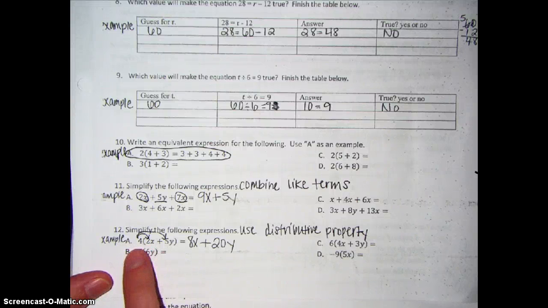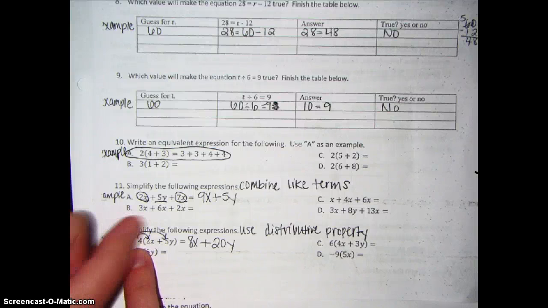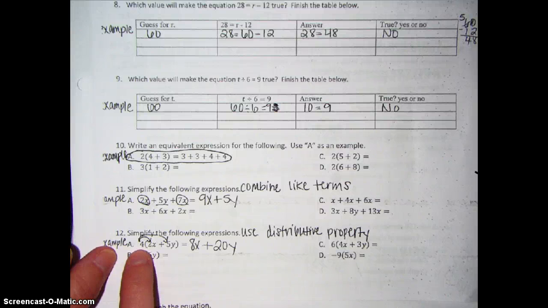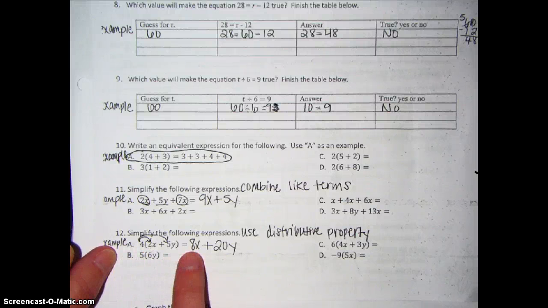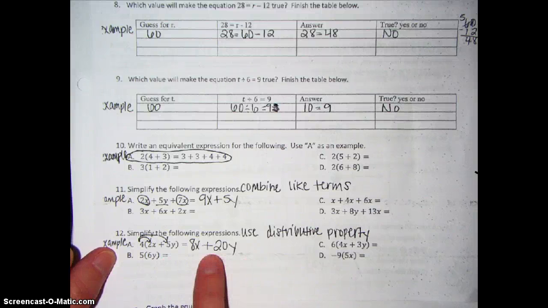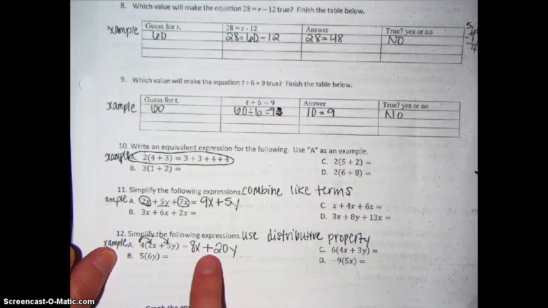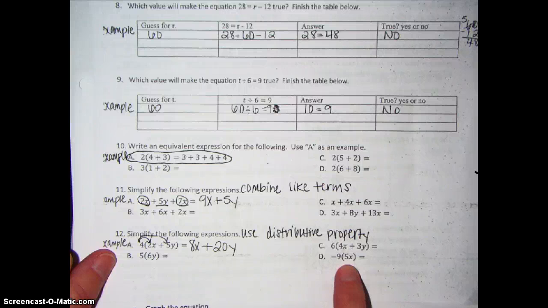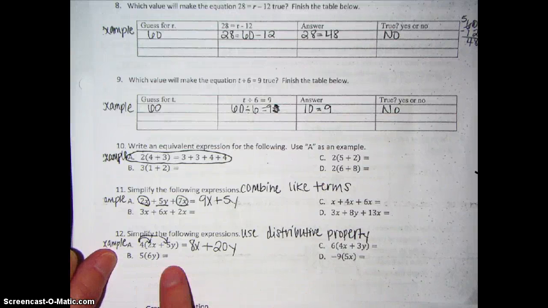You are multiplying because the parentheses are telling you to multiply 4 by 2x and 5y. 4 times 2 is 8, so you have 8x. 4 times 5 is 20, so you have 20y. And of course, you bring over the addition symbol. Notice how B and D do not have an addition symbol in between. All you need to do is multiply, and you will have your answer.